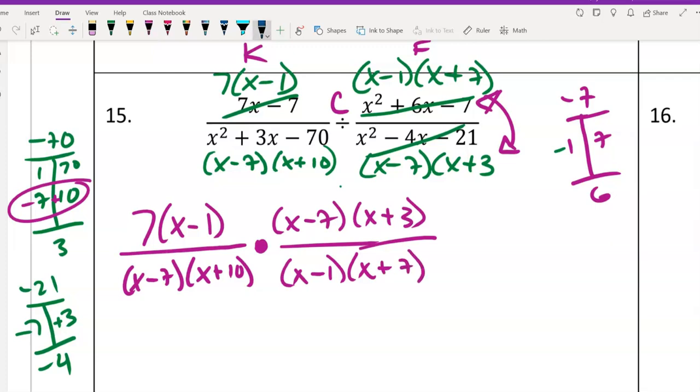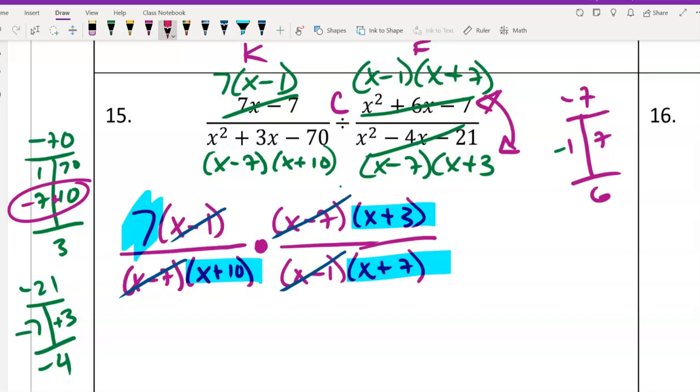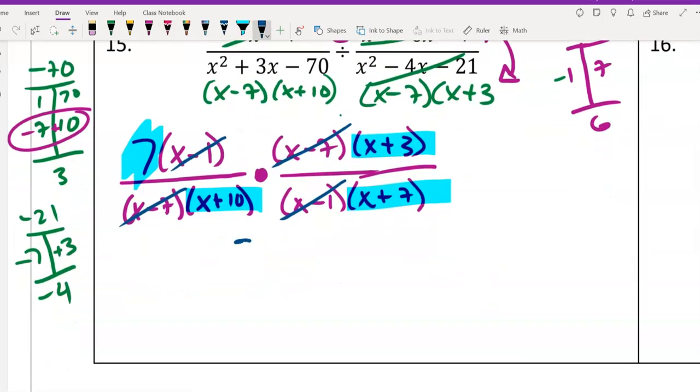Now we have a nice multiplication problem with all these factors, and when we multiply, we just factor and cancel out. What are we left with? 7 times x plus 3 over x plus 10 times x plus 7. Let's rewrite it nice and pretty.